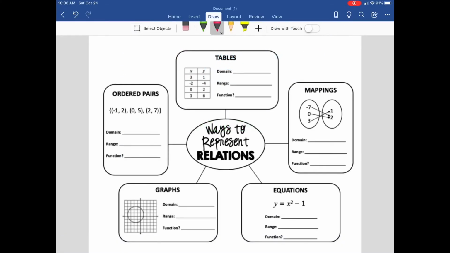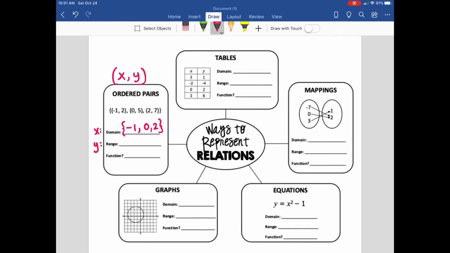Let's do an example of the domain and range and whether or not it's a function, starting with the ordered pairs. So you'll remember that for ordered pairs, the domain is the x value. That's the input. And our ordered pairs follow that form of x comma y. So in this example, the domain would be -1, 0, and 2, because those are the x values.